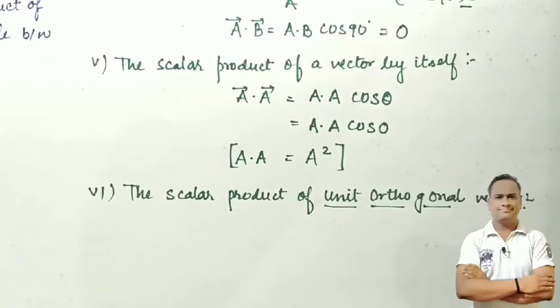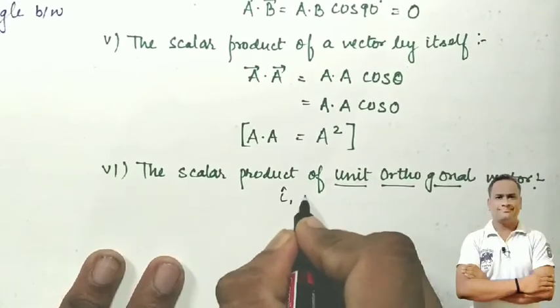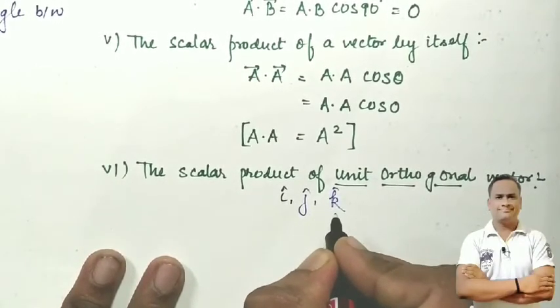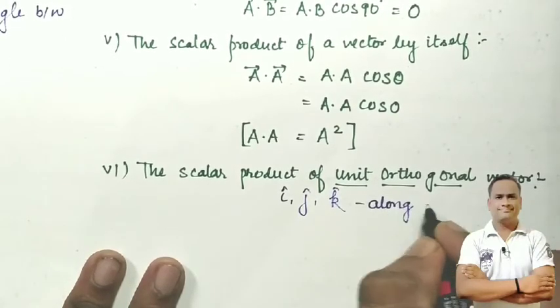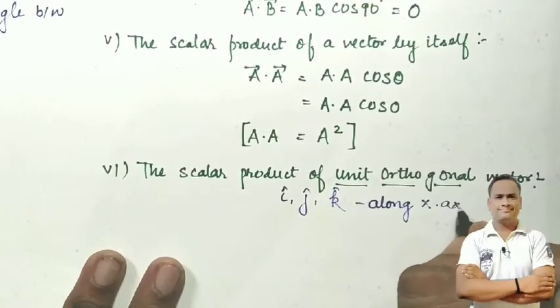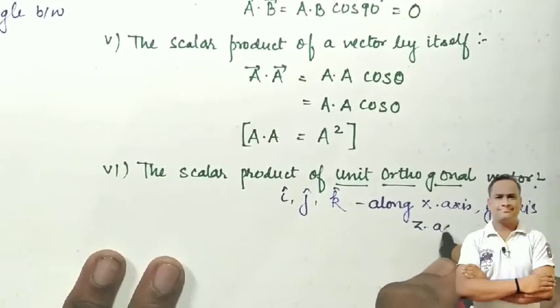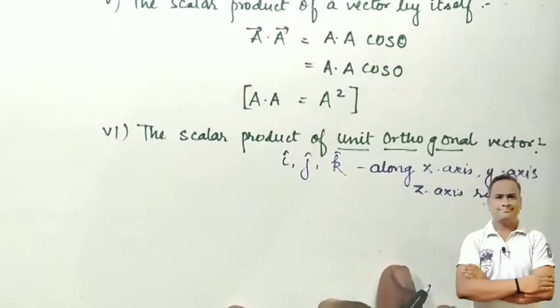As we know, i cap, j cap and k cap are known as the unit orthogonal vectors along the x-axis, y-axis and z-axis respectively. Now we are going to calculate the product of these.